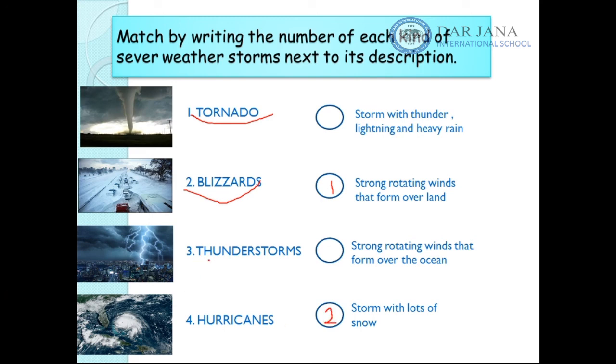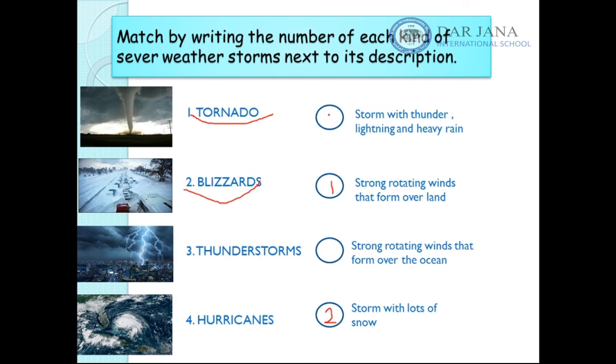Now number 3, it's the thunderstorms. Let's look. Oh, we have lightning, we have thunder, we have thick clouds, we have heavy rain, and we can hear the thunder. It's so strong. So let's see which sentence describes this storm. Storm with thunder, lightning, and heavy rain, or strong rotating winds that form over the ocean.